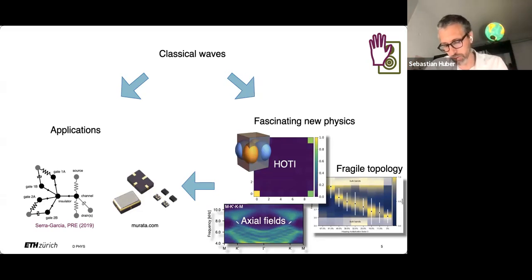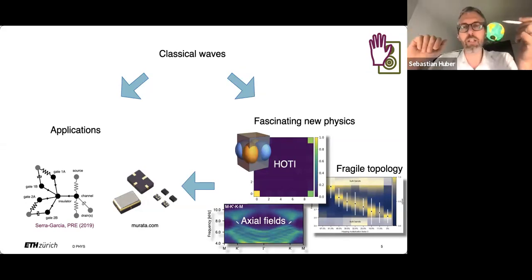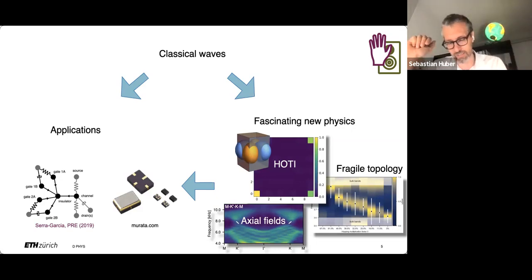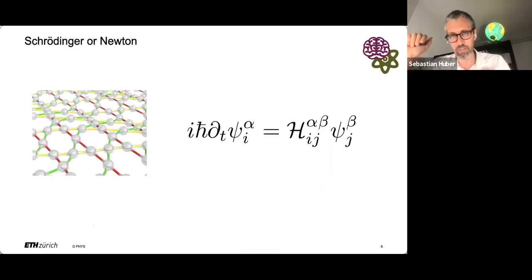I show you just a few things here: you can do things like higher order topological insulators, and what we hear today is more about axial fields and fragile topology. So it's things that from a theoretical perspective might be new and you don't fully understand them, and then you build them in the lab, and many things become much clearer. I think that's our main motivation to deal with these classical waves, besides the fact that it opens up the route to applications.